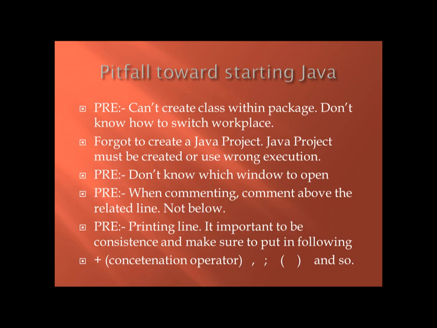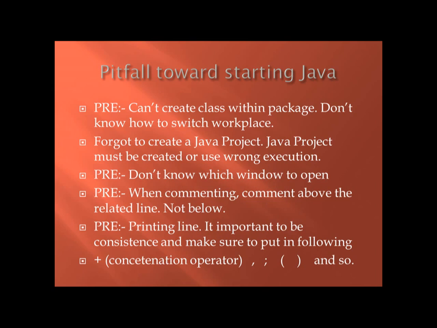When commenting, it's best to comment above the related line when you're about to talk about it, and when you're explaining the aftermath of the code, you can comment below the line, but normally above the line.